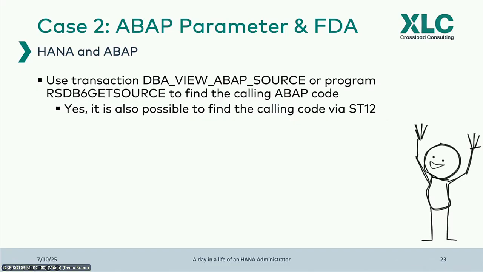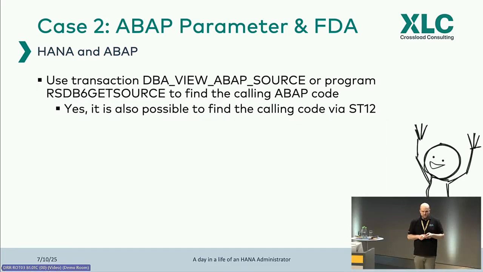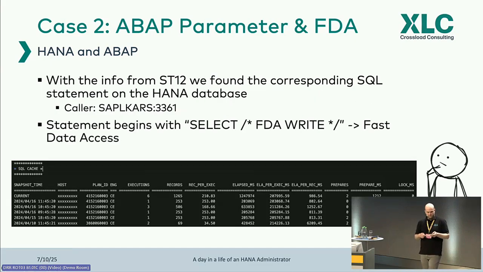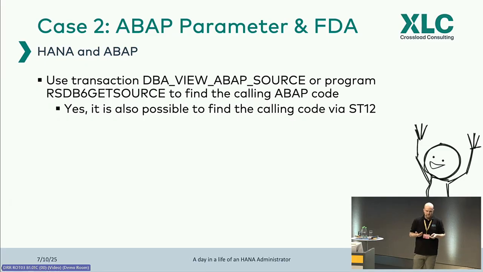Yeah, then you can use, for example, the RSDB6 get source. So just one step back, if you have the caller program on the HANA database, in the first you see SAP LKRRS. So this is the program, and behind this it's the part of the program, and then you can use this other program, the RSDB6 get source, to find the exact part of the source where the SQL statement is originated from.